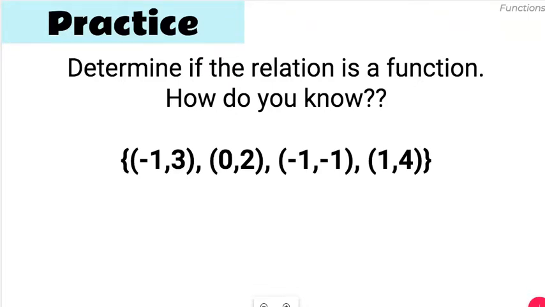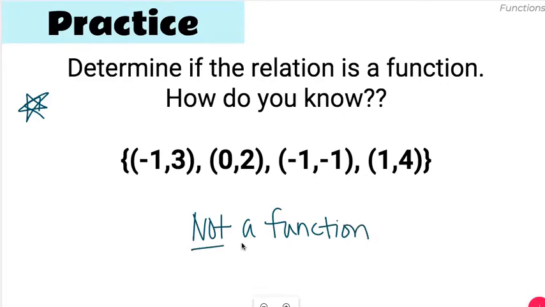So I want you to try this one. Okay. Hopefully you said not a function. If we focus on the x coordinates, do you see how I have -1 and -1 again?